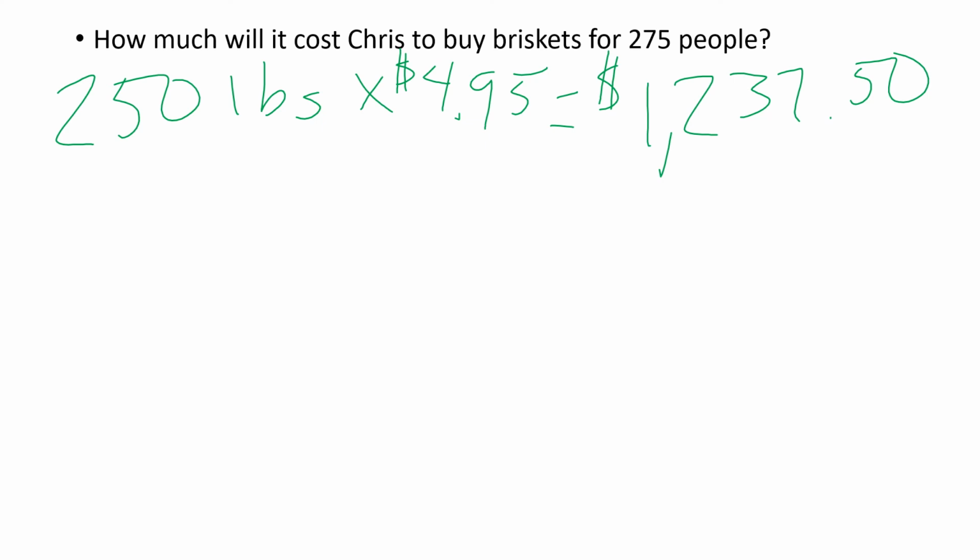Well, hold on. Let me back up for a minute. The original one was how many pounds were we buying? 227. So it would actually be a difference of 23 pounds, not 25 pounds. We increased by 25 servings, but not 25 pounds.